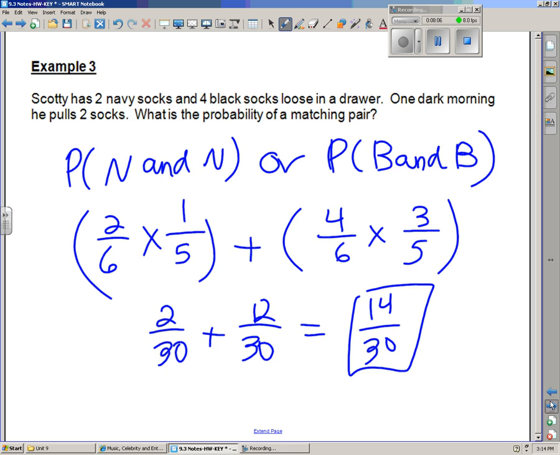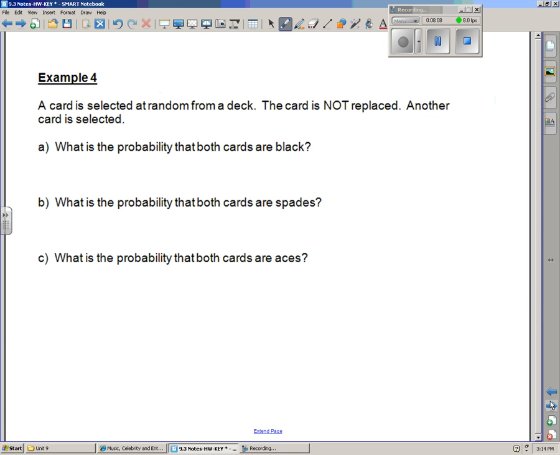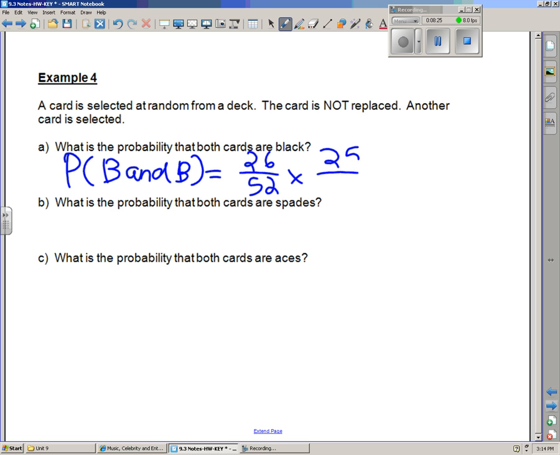Here's another one. A card is selected at random from a deck. The card is not replaced, and another card is selected. What's the probability that you're going to get both black cards? So probability of black and black means I've got a 26 out of 52 shot in getting a black card. Once I pull out a black card, there's 1 less black and 1 less total.